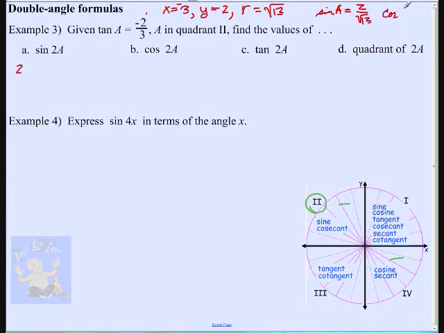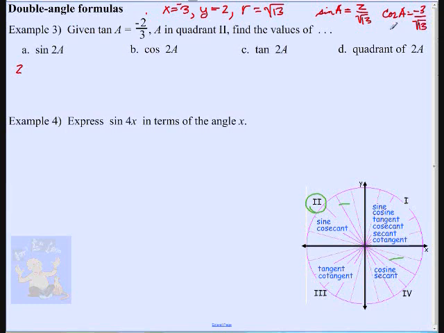Cosine, a single angle, is going to be negative 3 over the square root of 13. So it's negative, which I know anyway, if it's over here, it's got to be negative.